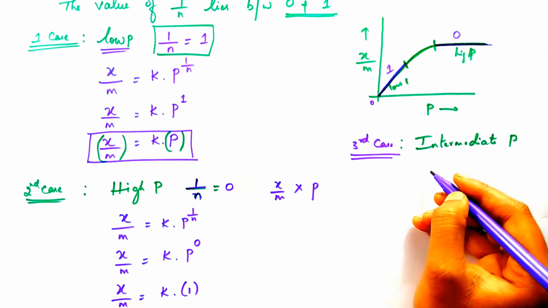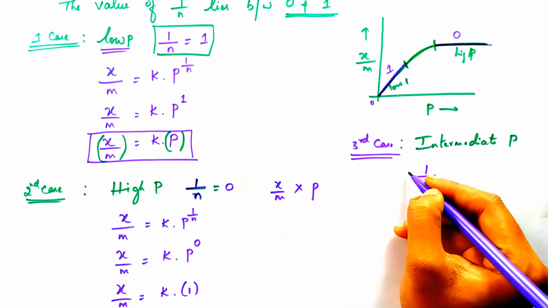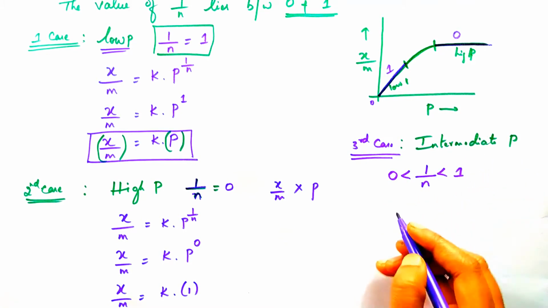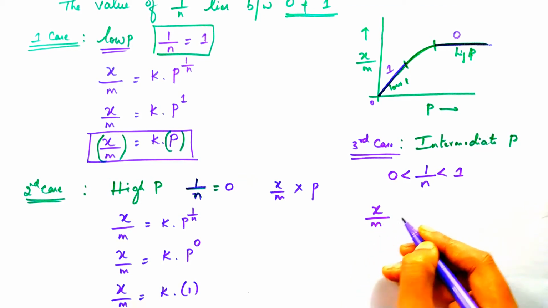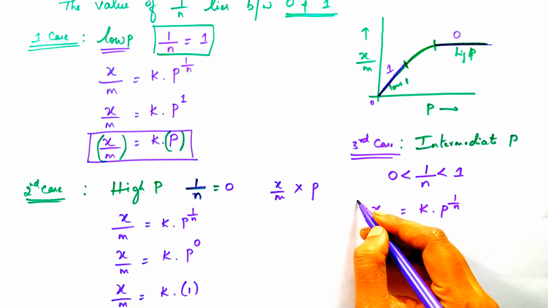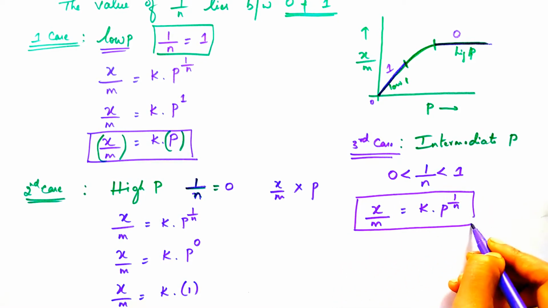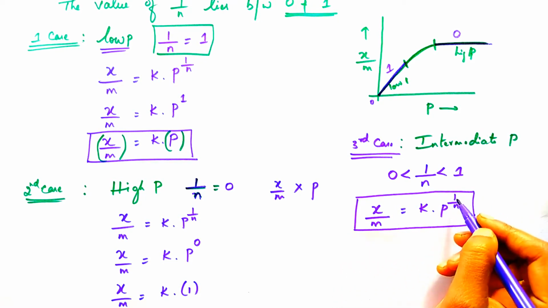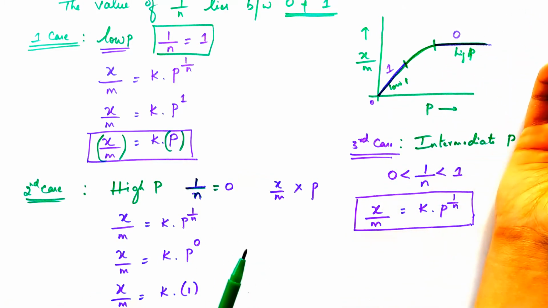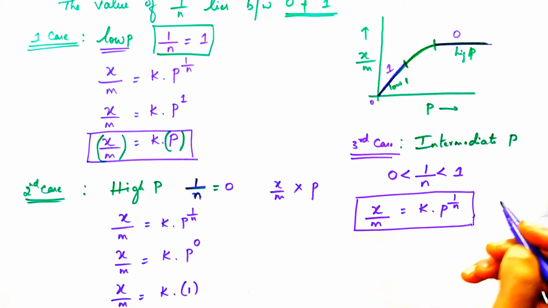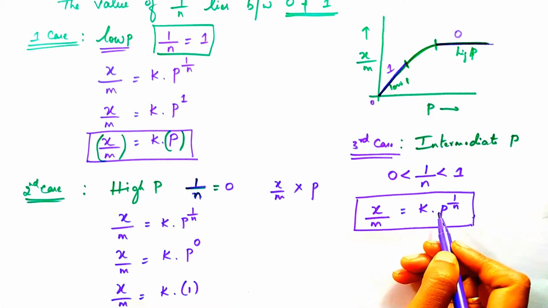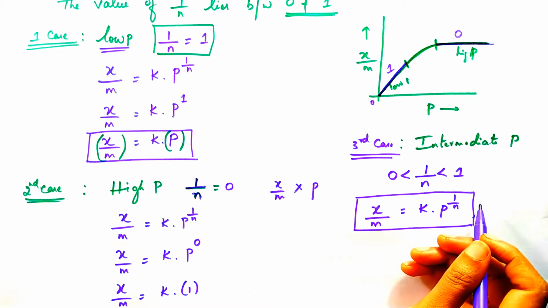Therefore, we write it as 1 by n is greater than 0 and lesser than 1. Therefore, the equation is x by m is equal to k into p to the power of 1 by n. Because 1 by n value lies between 0 and 1, it is a fraction. So, the equation will be x by m is equal to k into p to the power of 1 by n.